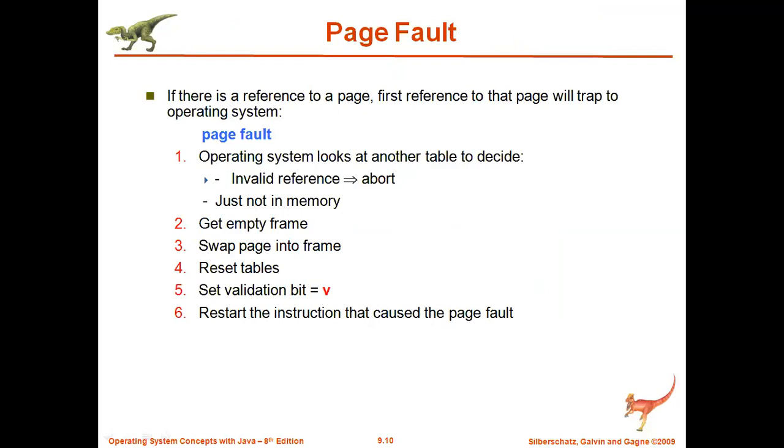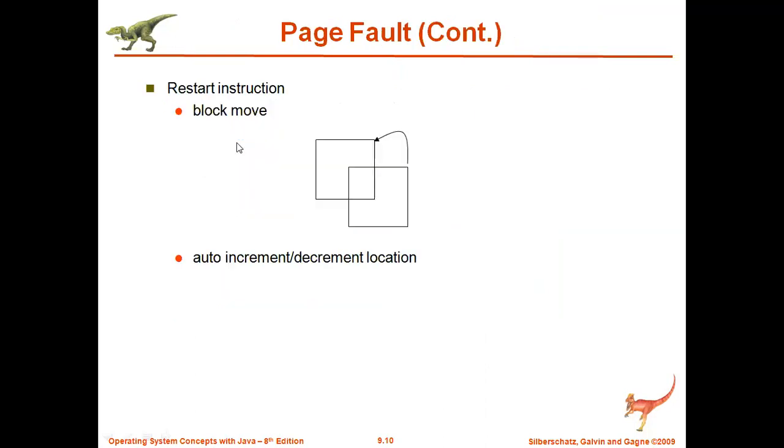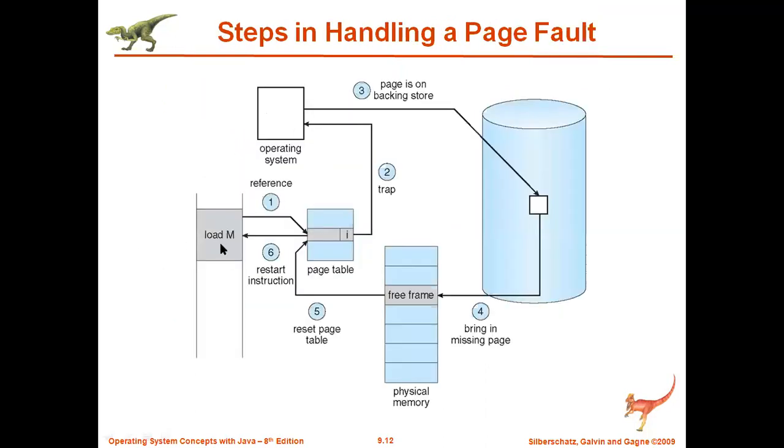So this page fault is nothing but the CPU asks for something, and if it is not there in your page table or main memory, then that is called a page fault. If there is a reference to a page, the first reference to that page will trap to the operating system. We'll directly go to the diagram. See here, the CPU is asking for this particular page. Then we will go to the page table and check the first number.